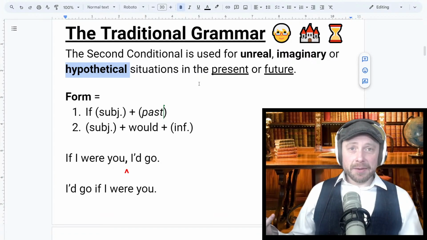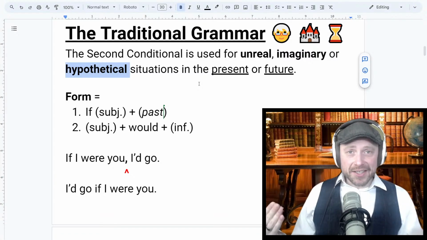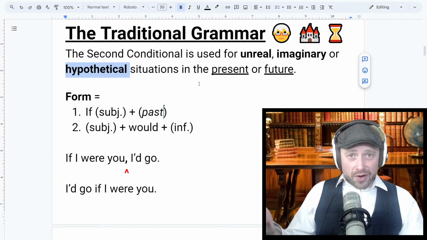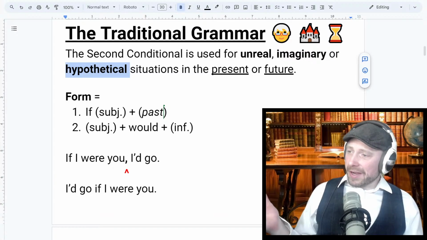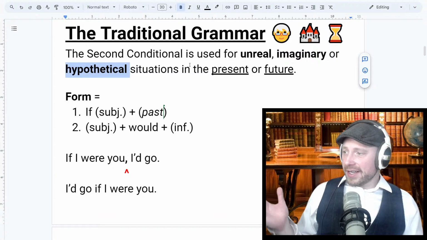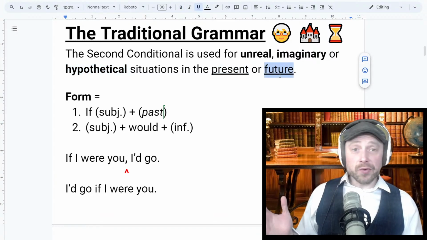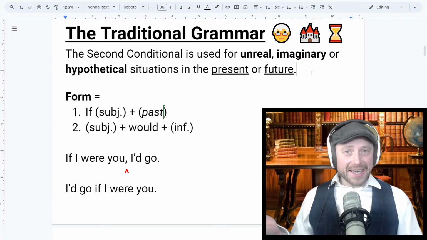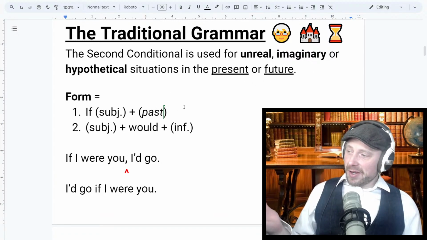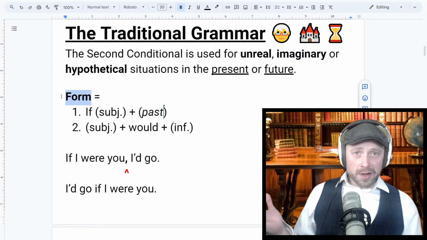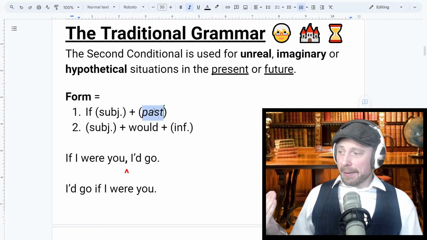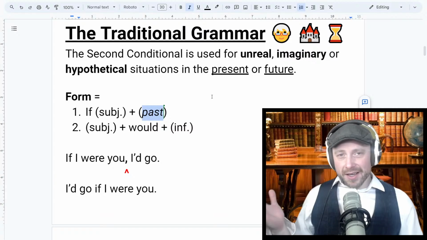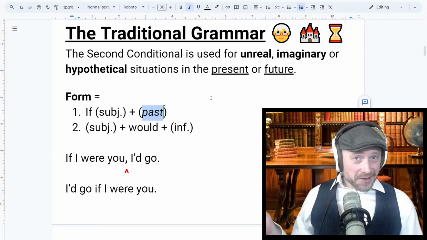We know that because I'm using a second conditional, so the situation is unreal. It's not true. And we use it for unreal, imaginary situations in the present or future. Obviously, that can confuse beginners in English because we use the past form, but the meaning is the present or future. I'm sure you know that, don't you?